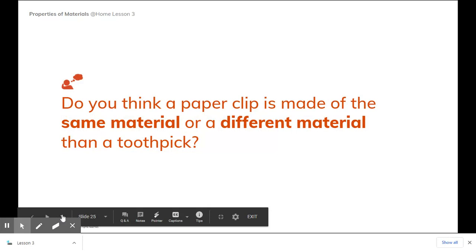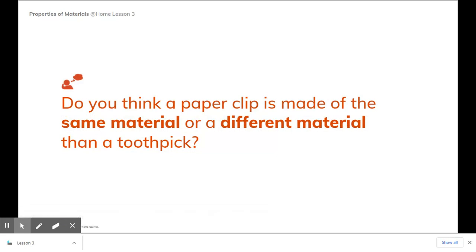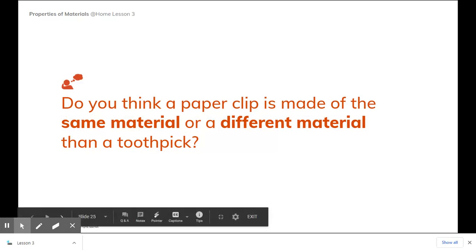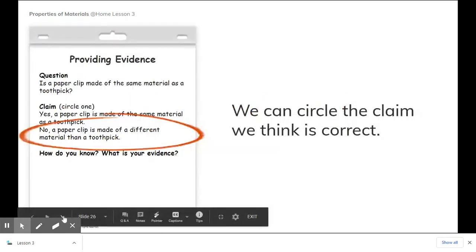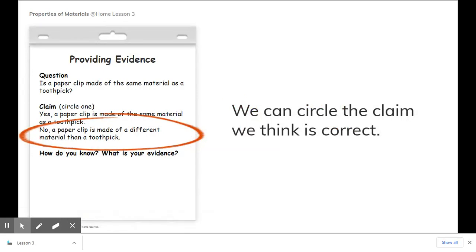Do you think a paper clip is made of the same material or a different material than a toothpick? Think about it. Now, when I think about a paper clip and a toothpick, not only do they look very different, but they have different properties. I'm pretty sure that no, they are not made of the same material.